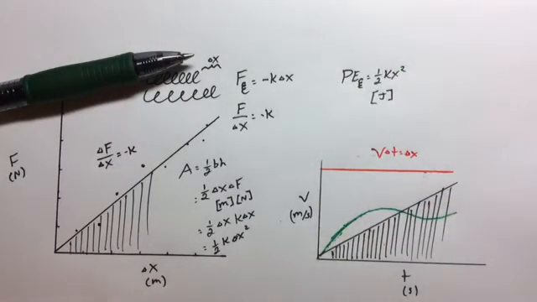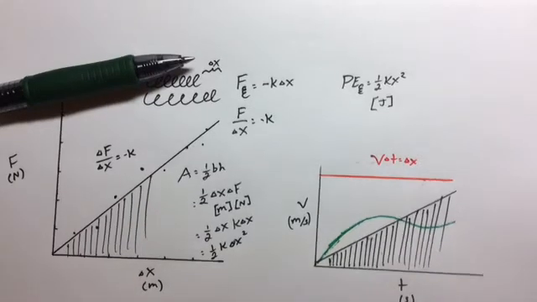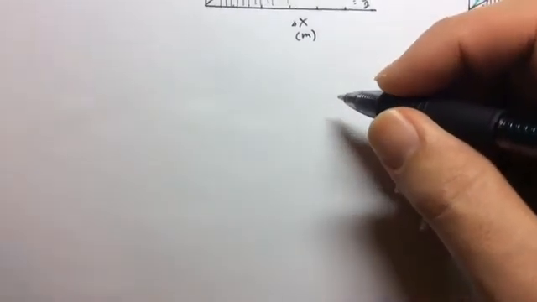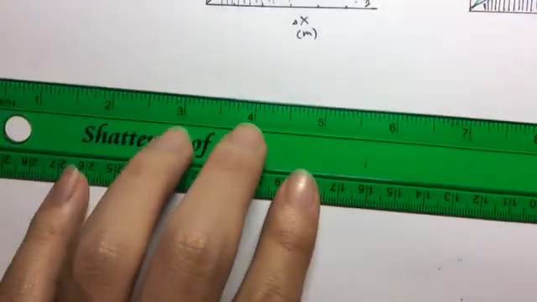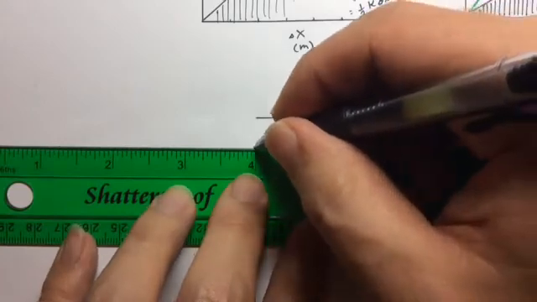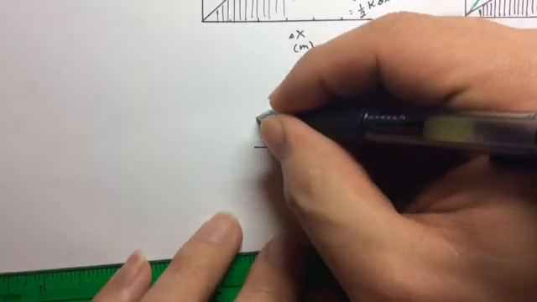All right, to do a quick problem over how you would use that, let's say we want to shoot something. So we have a dart gun, a spring-loaded Nerf gun.